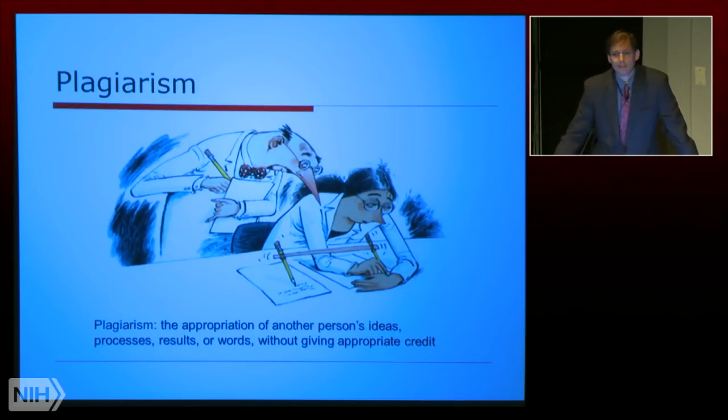All right, let's talk a little bit about plagiarism. We've talked mostly about fabrication and falsification up until now. Plagiarism is a little bit separate and probably, you think, a little bit more straightforward. But really, it's the appropriation of another person's ideas, processes, results, or words without giving the appropriate credit.